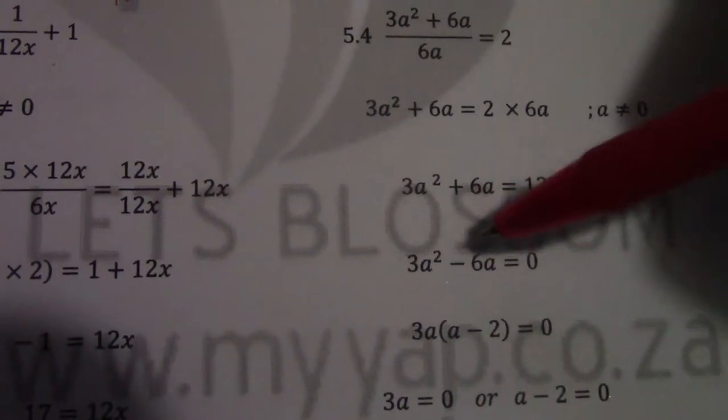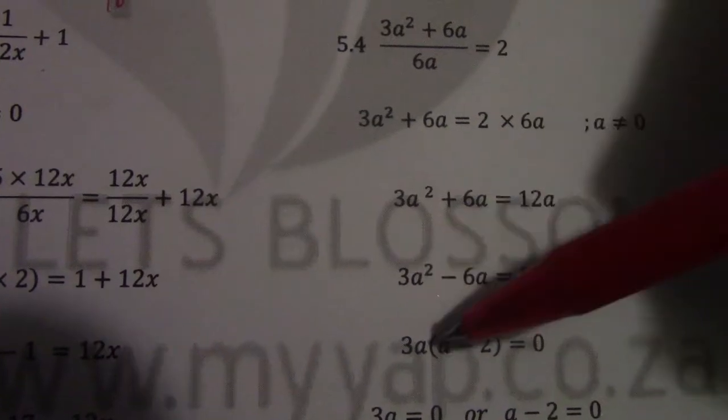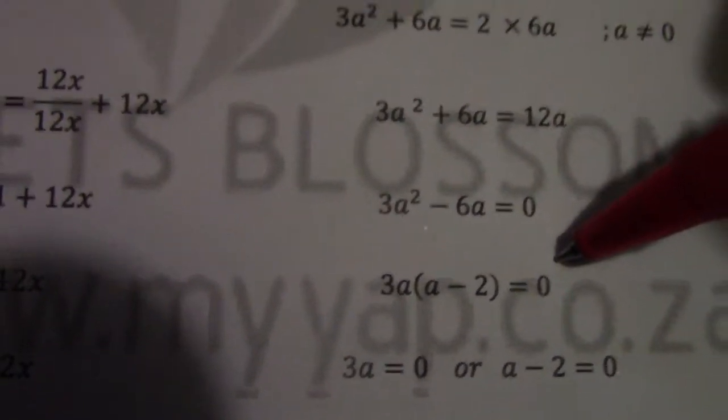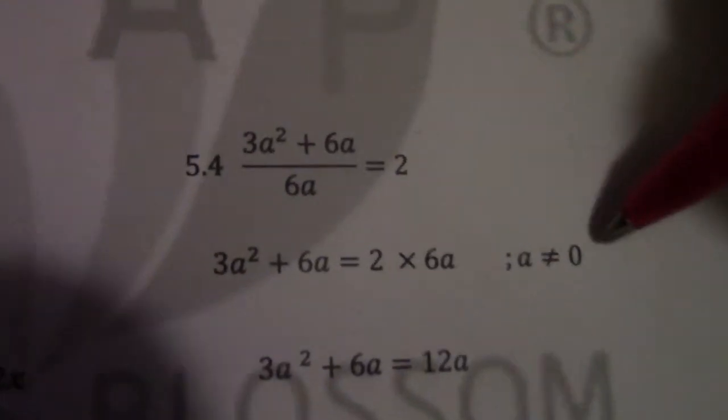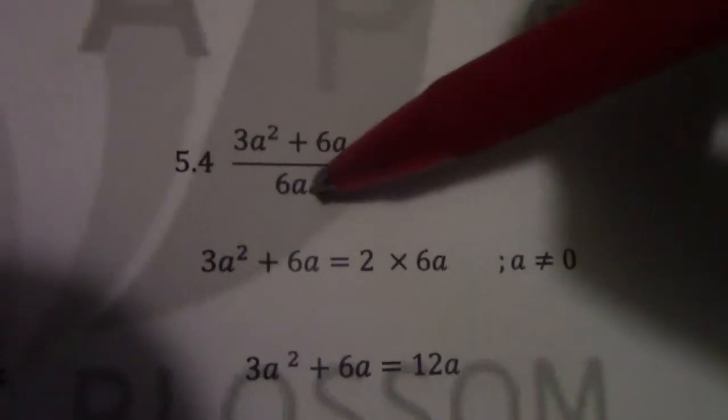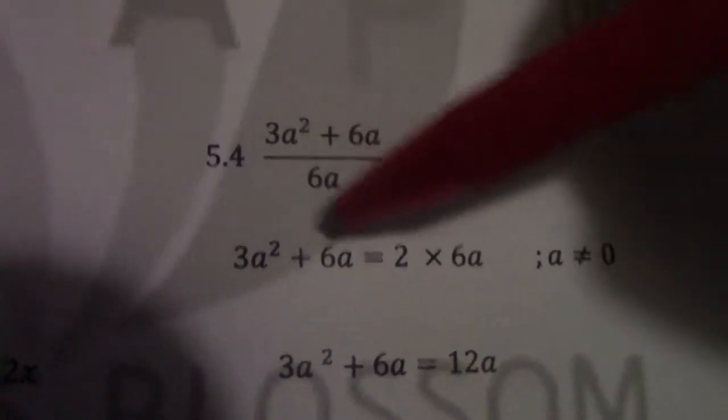Then there is a common factor between 3 and 6, take out 3a, and I'm left with 3a times (a minus 2) equals 0. So 3a equals 0, or a minus 2 equals 0. a cannot equal 0, or a equals 2. Why do we say a not equal to 0? 6 times 0 is 0, and anything divided by 0 is undefined.